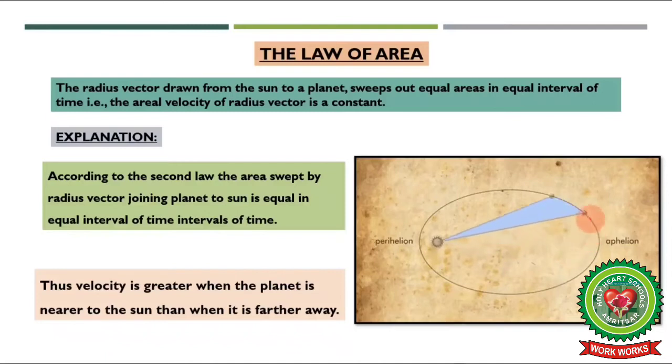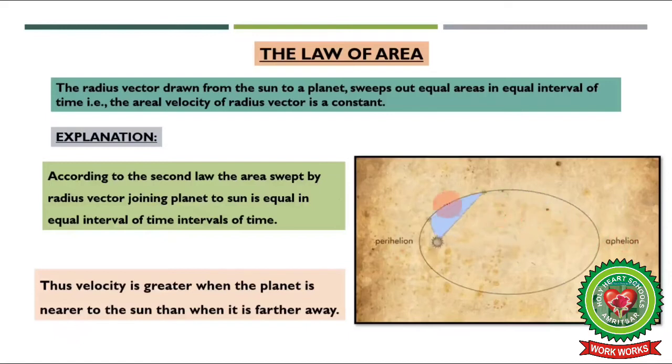For this reason, the planet has to increase and decrease its speed. You can see here, at this position, the speed of the planet is very slow, because it is farther from the Sun, and at this position it is nearer to the Sun. This point is called perihelion and this farther point is called aphelion.